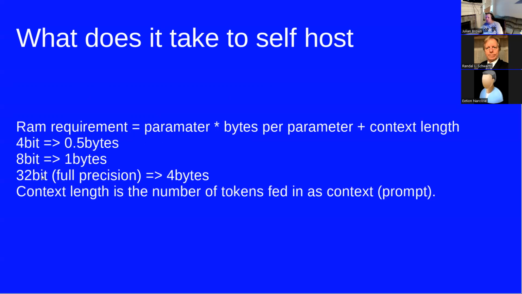So they have a 32-bit float, an 8-bit float and a 4-bit float. And you can adjust your characters by this. So number of parameters times bytes per parameter, which is based on this. And the context is the number of tokens that are fed in as context.